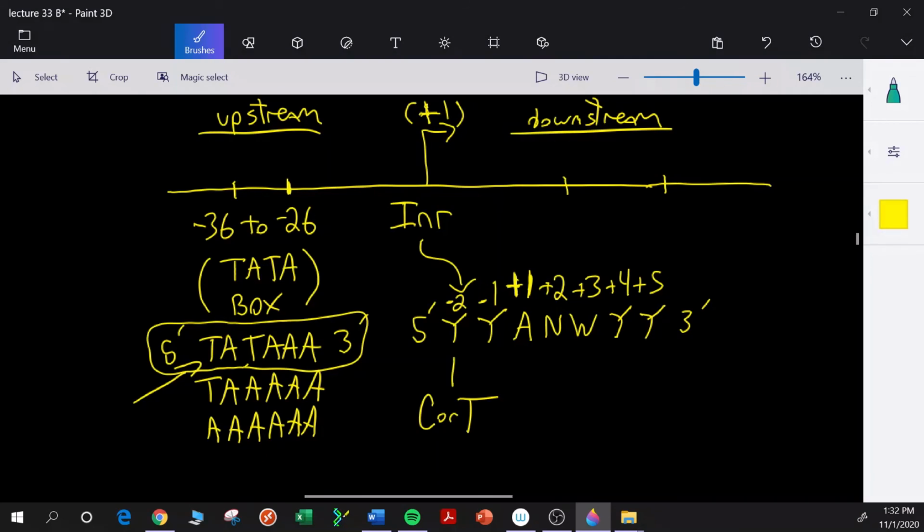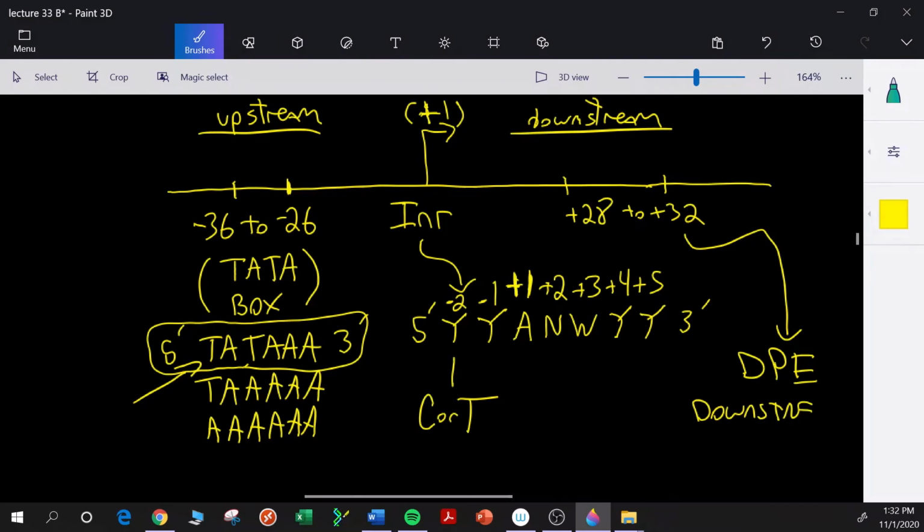Okay, so if we look at most genes and we look at +28 to +32, so around there, we might see some genes, maybe not most genes, but a lot of genes will have what's called the DPE, downstream promoter element.